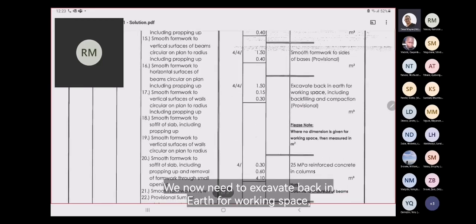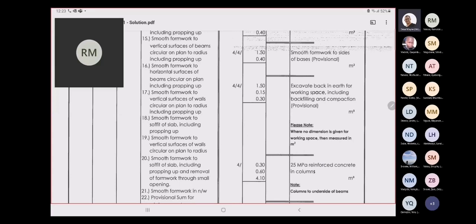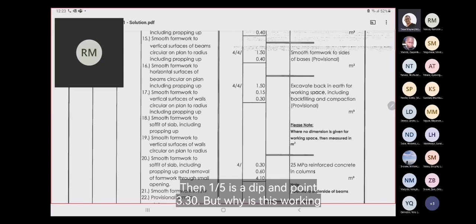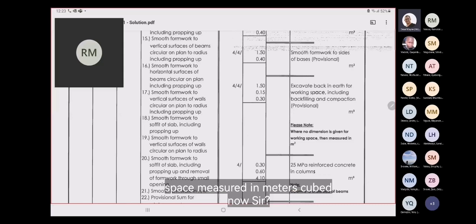So now we need to excavate back in earth for working space, including backfilling and compaction. That is 1.5 by 0.15 by 0.15. And 1.5 is a depth, and 0.3. Oh, but why is this working space measured in meters cubed now, sir?